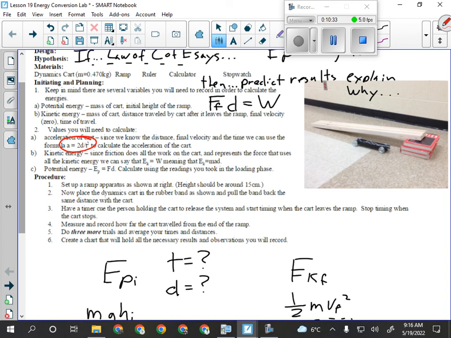But the acceleration will be 2 times the distance divided by time squared. That's why we have to record the distance it travels and the time it travels for. That'll help us get the acceleration of the cart.